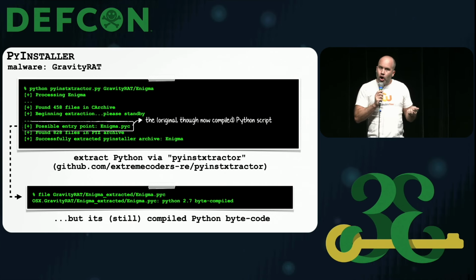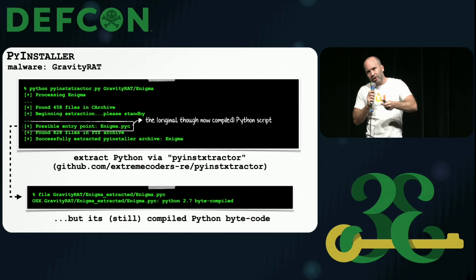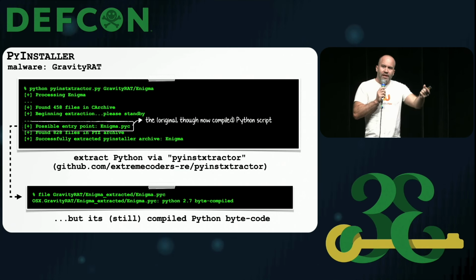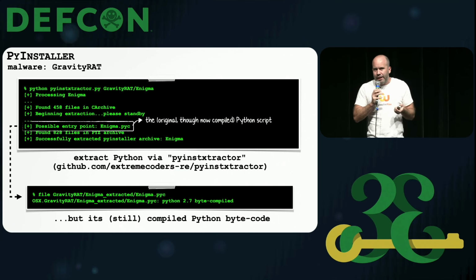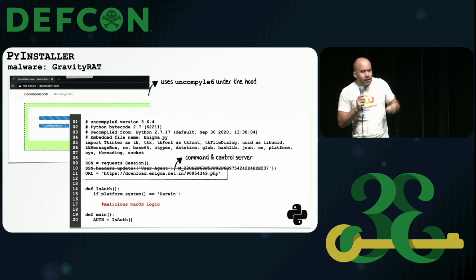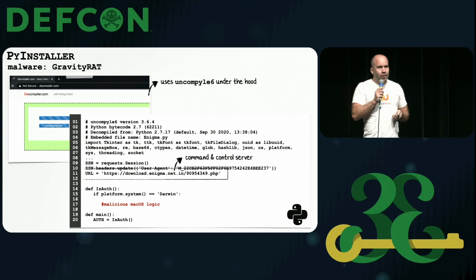This is all well and good, except as I mentioned, PyInstaller will first compile this Python script into Python compiled bytecode. So even though we've extracted the script, it's in this intermediary non-human readable format. Not a problem. There's a lot of decompilers for Python compiled bytecode.